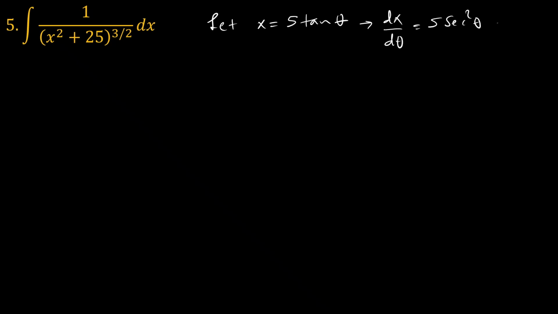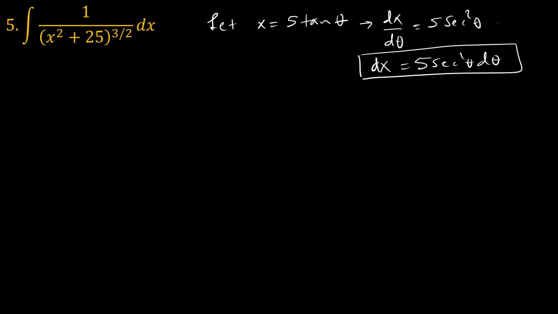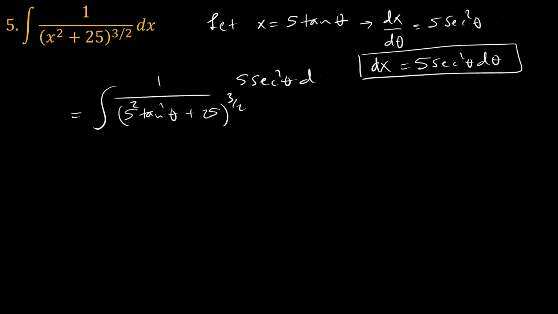And so what happens here is that dx can be substituted by 5 sec squared theta d theta. And so our integral now becomes the indefinite integral of 1 over open bracket 5 squared tan squared theta plus 25 to the power 3 over 2, and dx is the same as 5 sec squared theta d theta.